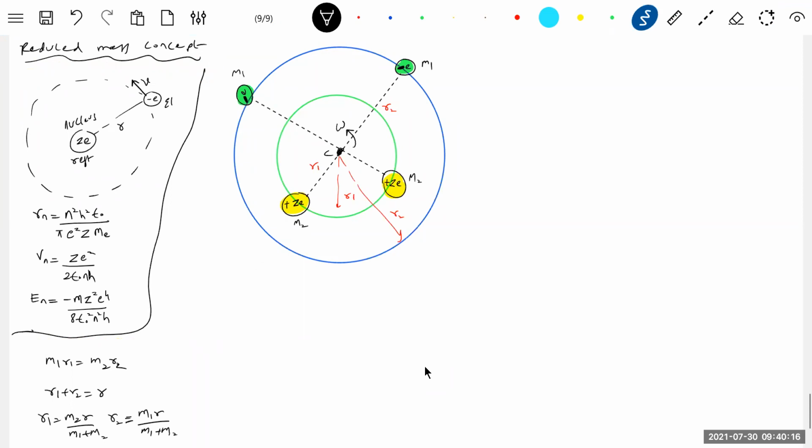If the nucleus is at rest, the angular momentum of the revolving particle is constant. Here he is saying the angular momentum of the system, I_C omega, should be equal to nh by 2 pi, including the revolving nucleus as well as the electron.